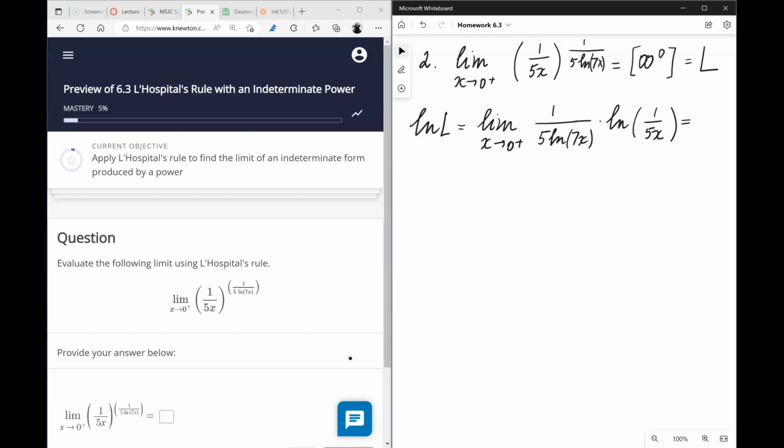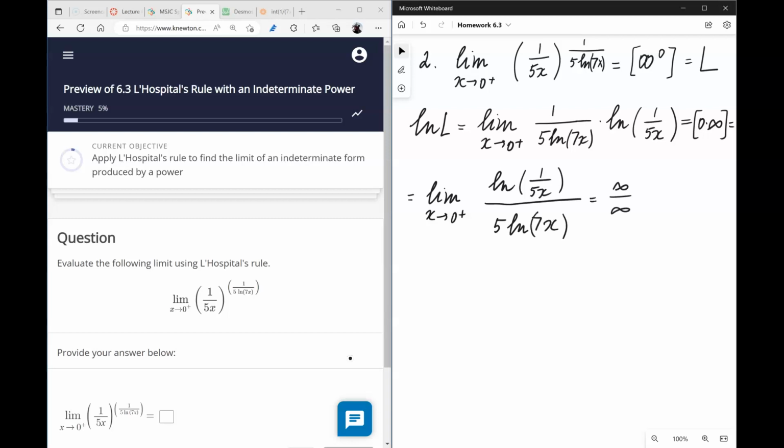This is interesting actually. Technically it's 0 times infinity, but it's already written as a ratio, so we're just going to regroup. So we have ln of 1 over 5x divided by 5 ln 7x, and this is infinity over infinity, meaning now we can use L'Hopital's rule.